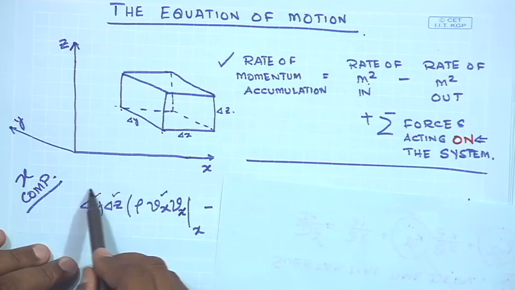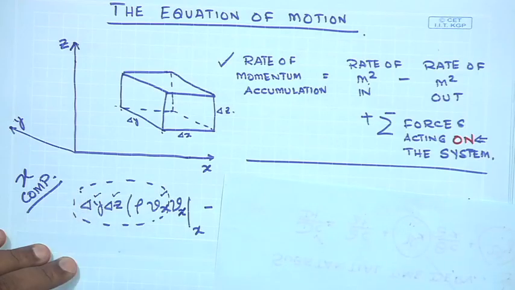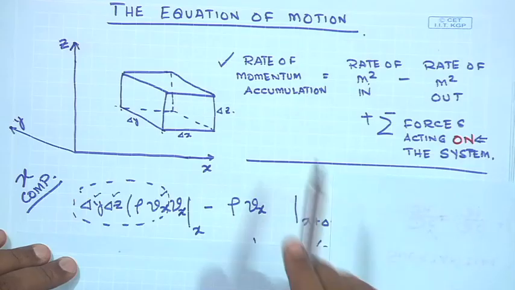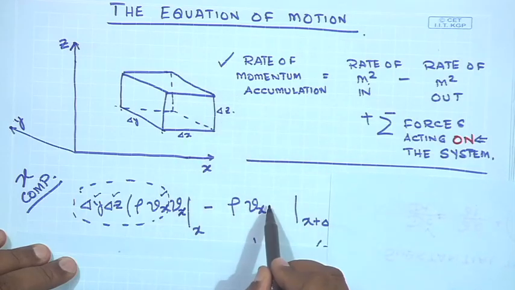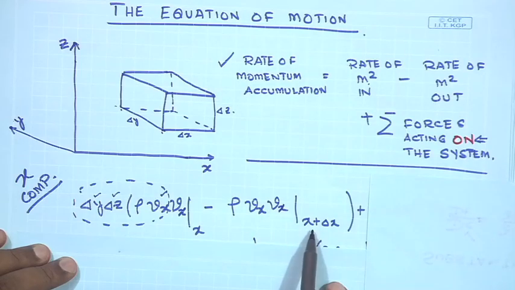Up to here is the mass of the fluid coming in through the face at x, and multiplying it with another Vx gives me the rate of momentum coming into the control volume. And the momentum that's going out would again have a Vx, but evaluated at x plus delta x.